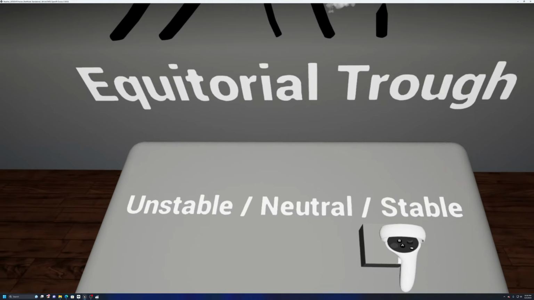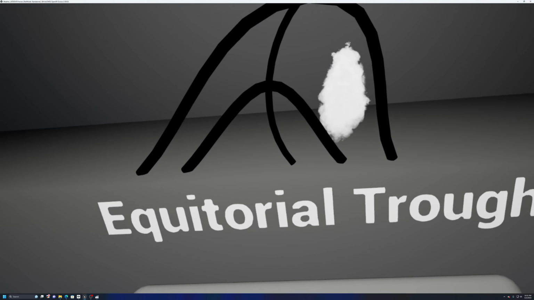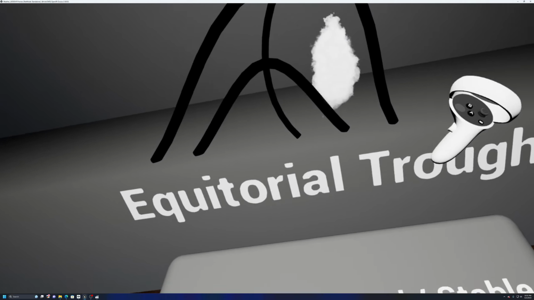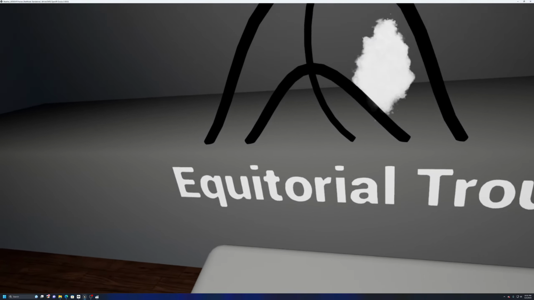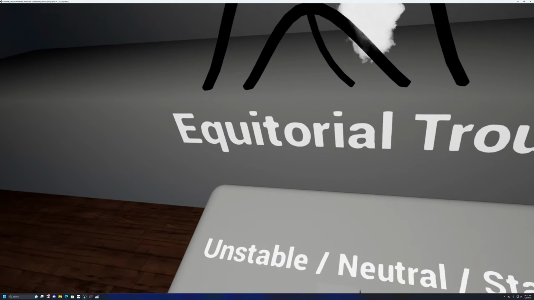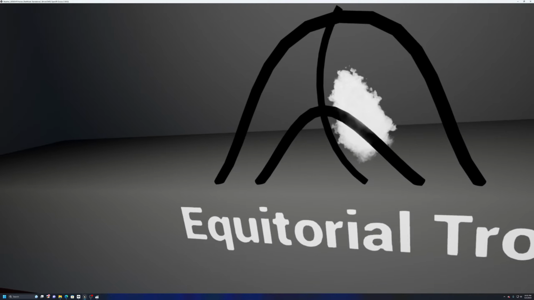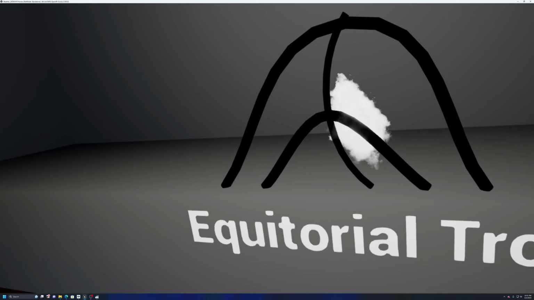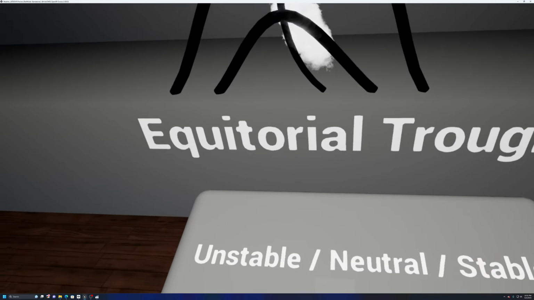And then we've got our stable. So stable is going to be on the east side, and then with the neutral, it'll be on both sides. I might have to adjust this a little bit. It's going to go on both sides. There you go, neutral.